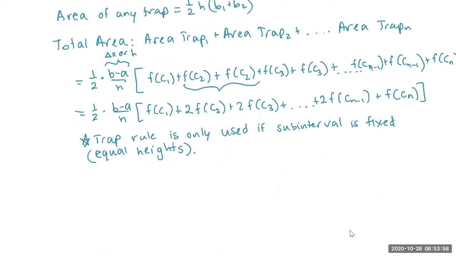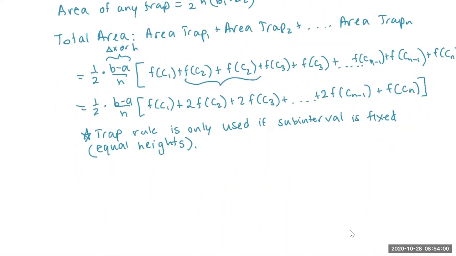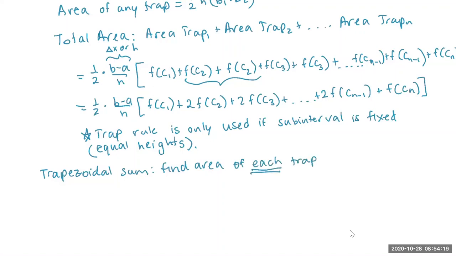So what we do instead is use something called the trapezoidal sum. The trapezoidal sum is basically you crank it out the long way: find the area of each trapezoid, and sum together. So nothing fancy to that.